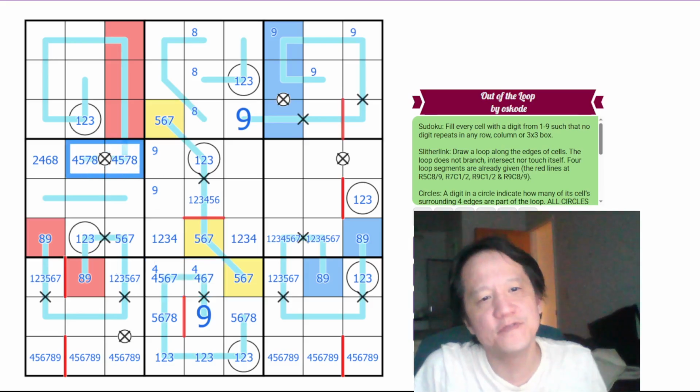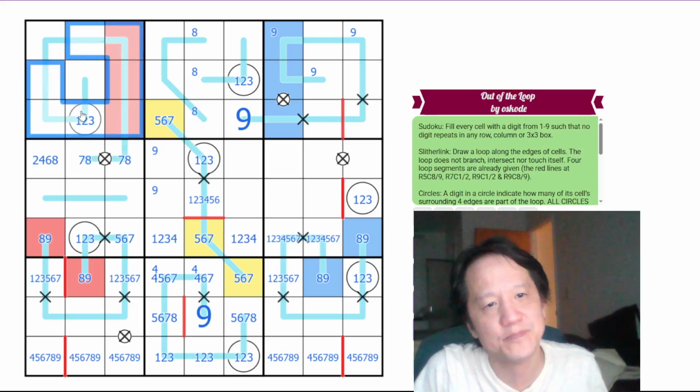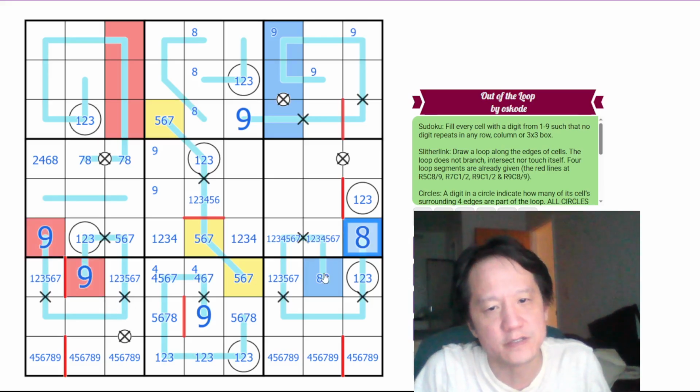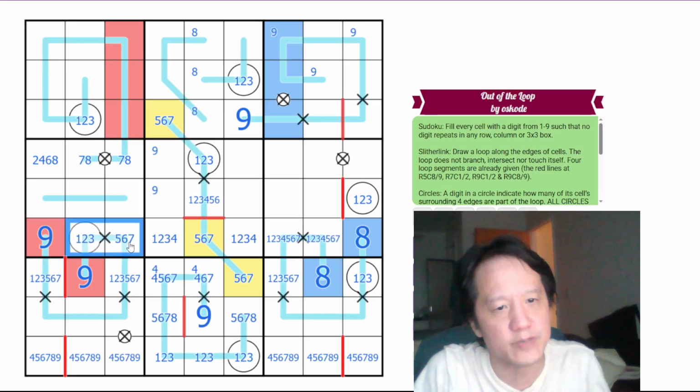Interesting. So if this is 7, 8, that means this is 15, right? This then becomes 9, which makes this 9. This is 8 and 8. This cannot be 1, 7, cannot be 1, 8, cannot be 2, 7, so it must be 3 and 6 here.